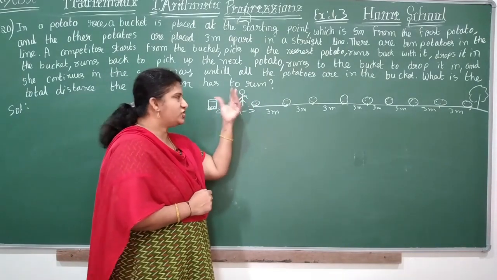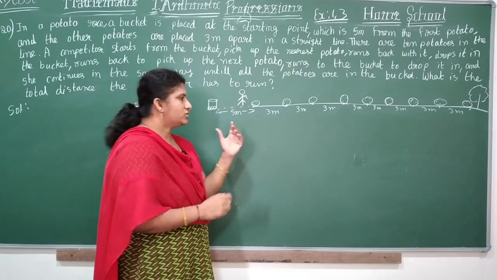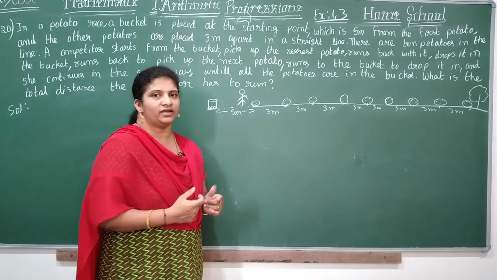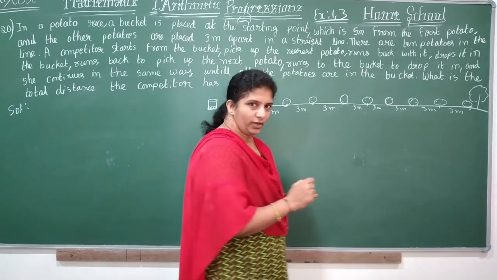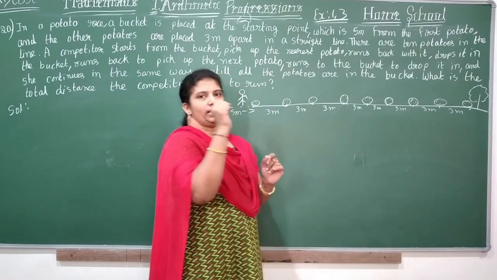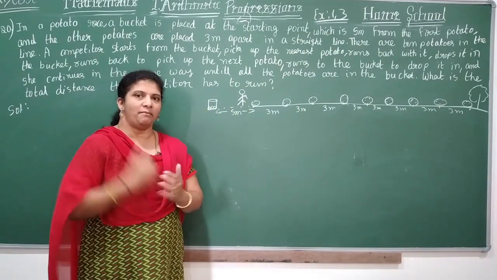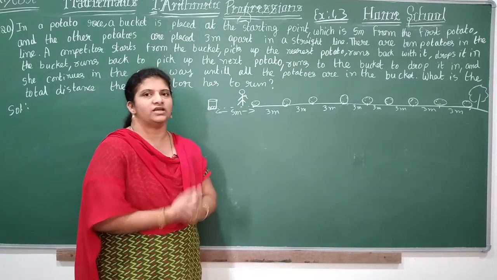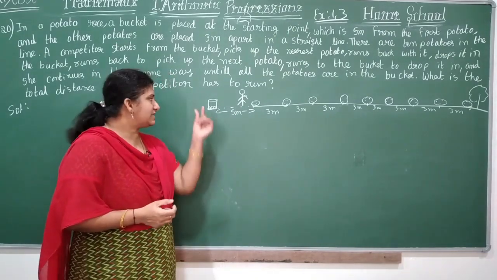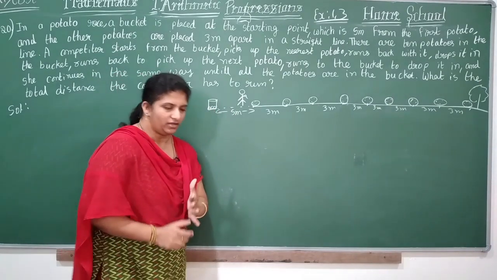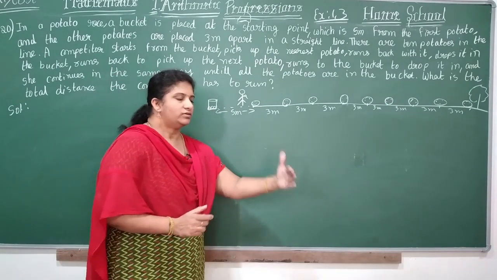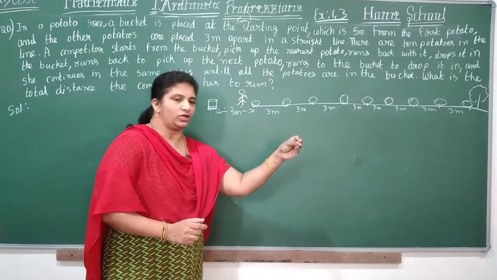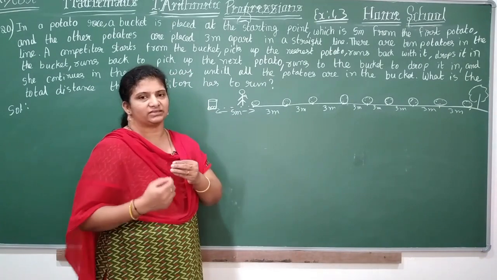So what will she or he do? Suppose there is a basket here. The competitor will run, take the first potato, come back and throw it in the basket, which is at a distance of 5 meters. Imagine, children, the competitor starting from the basket point will travel 5 meters, pick the potato and come back.